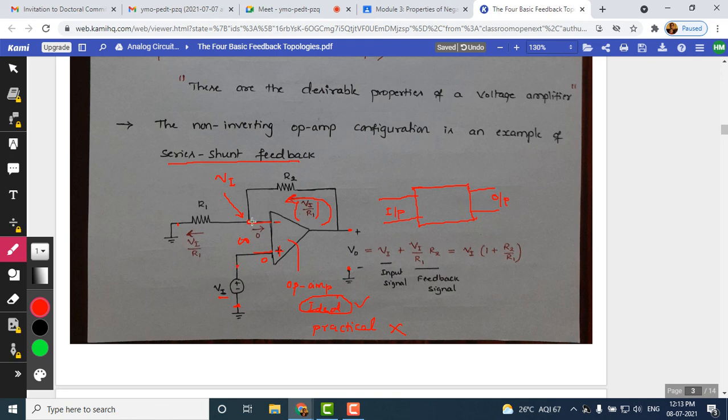Whatever we connect here, the other node will also have the same voltage. So in our case it is going to be Vi, and this is the current flowing here, Vi by R1. So this point is Vi, and the current that flows here is Vi by R1. The voltage at this other point is going to be 0.